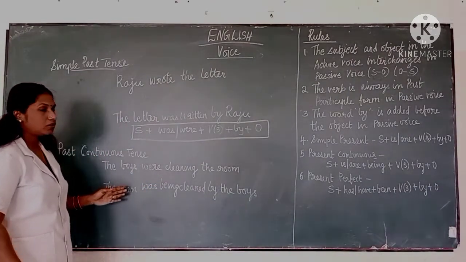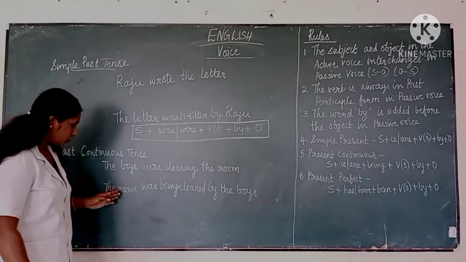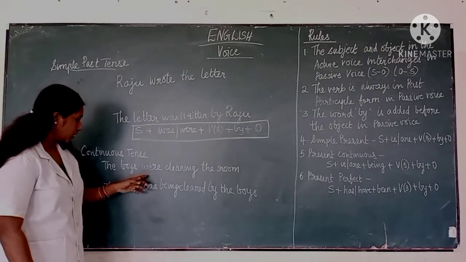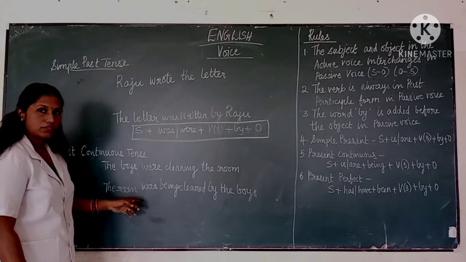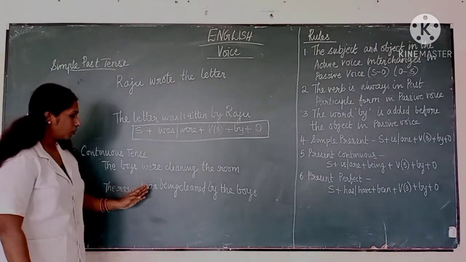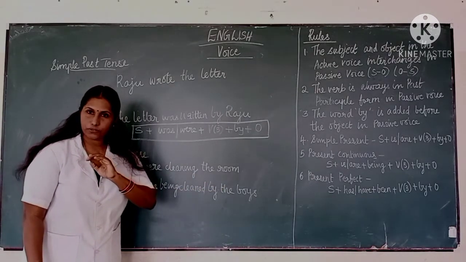If it had been rooms, then it is were. So always check what the subject is. Here the subject was plural, so it is were. Here the subject is singular, so it is was. That confusion should not come. The room was being cleaned by the boys. Isn't it easy for you to learn?